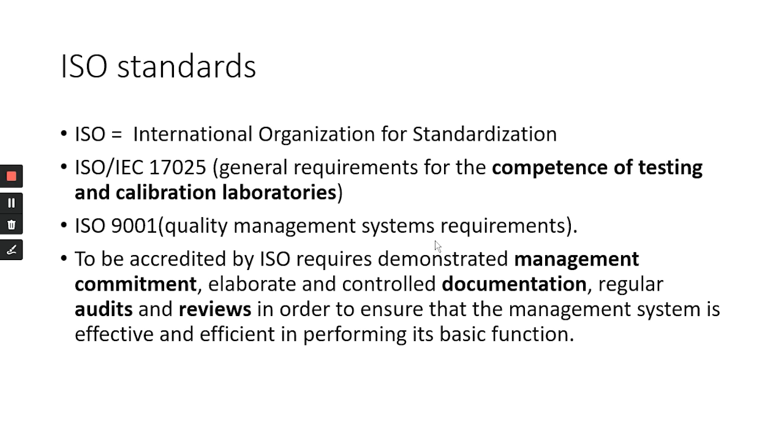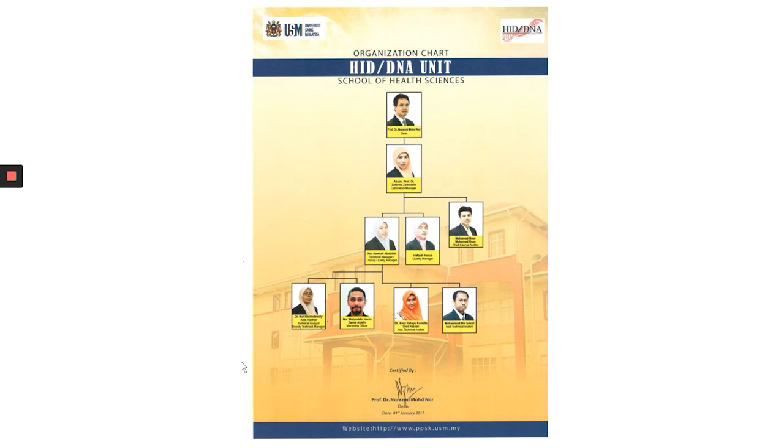All these activities or procedures are to ensure that the management system is effective and efficient. Okay, this is the management of the HID DNA unit. A lab must have a lab manager, technical manager, quality manager, deputy technical manager, marketing officer, and so on. So this is the management chart.